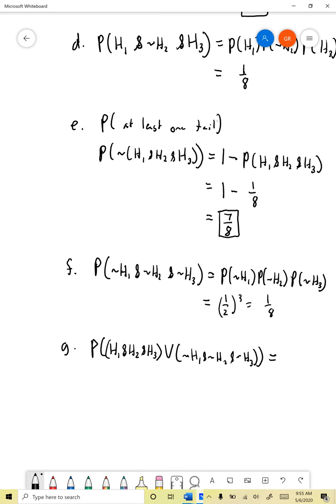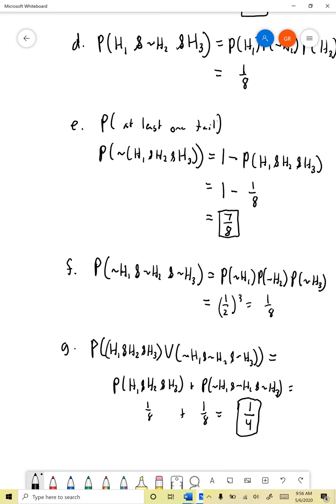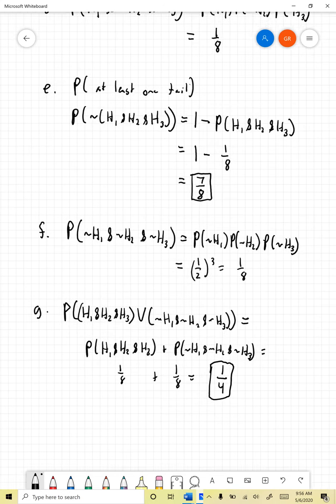The conjunction of those two things would have probability 0. So that means we can add them. We can add the probability of H1 and H2 and H3 plus the probability of not H1 and not H2 and not H3. We already know the probabilities of each of these. This one is 1/8, and this one is also 1/8, so 1/8 plus 1/8 is equal to 1/4. So there's a quarter chance that we would get either all heads or all tails.